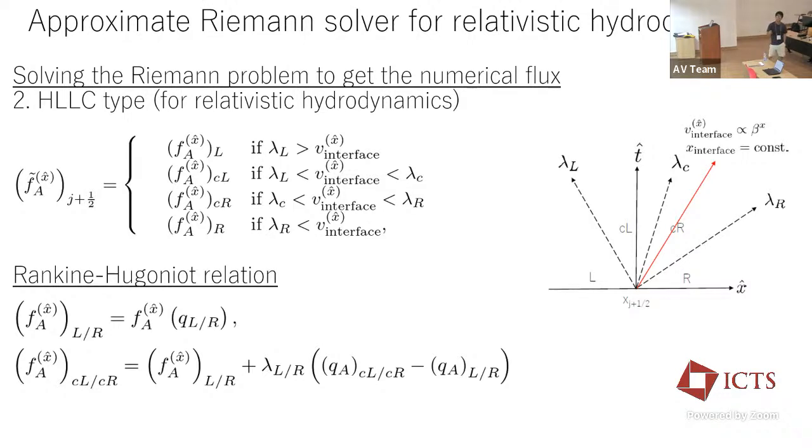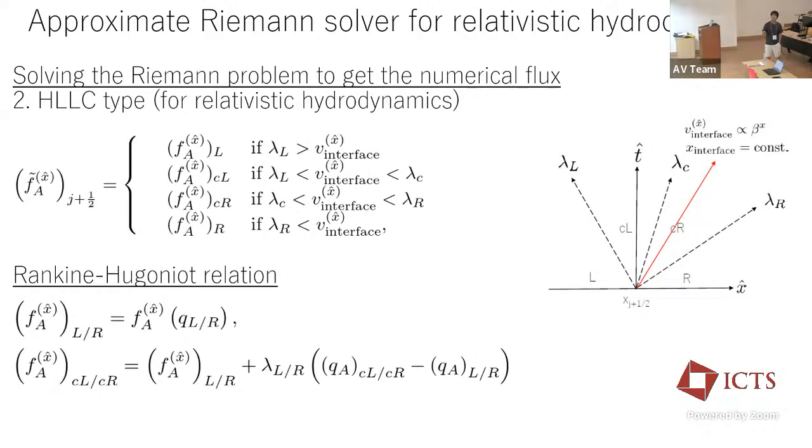If this condition is satisfied, which means that the Riemann fan is something like this, the numerical flux should be given by the physical flux of the left state. Also, if this condition is satisfied, which means that lambda c becomes something like this, then the state should be given by the CL state, right?